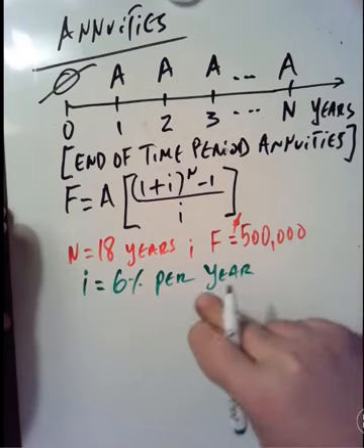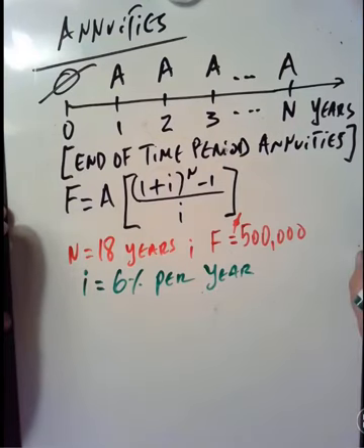And you ask, how much money do I have to give you every year in order to give my kid $500K for education 18 years from now, the day she was born?